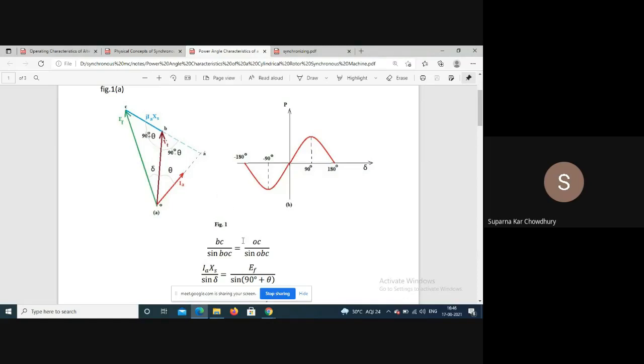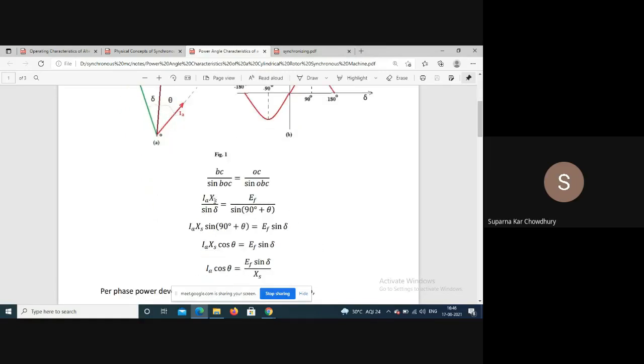That is a geometrical relationship. So BC is equal to Ia Xs, and this angle I have defined as delta, the angle between Vt and Ef. So Ia Xs by sine delta is equal to Ef by sine of 90 plus theta. Why is it 90 plus theta? This is the power factor angle theta, and this angle is 90, so this is 90 minus theta, so this angle is 90 plus theta.